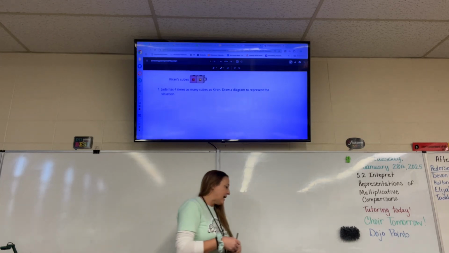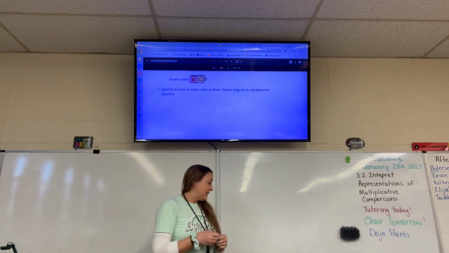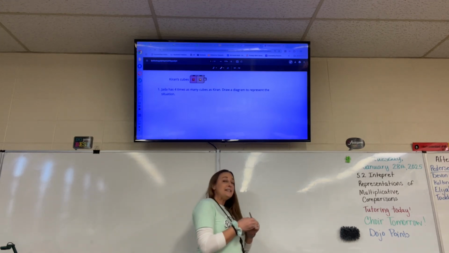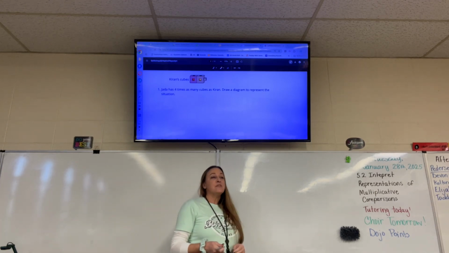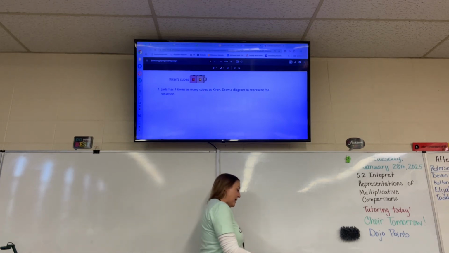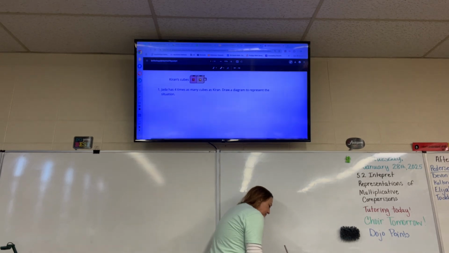So keep in mind Kieran's number of cubes. It says Jada has 4 times as many cubes as Kieran. Draw a diagram to represent the situation. We don't have to find out how many Jada has. We just have to draw the diagram. So we're going to start with Kieran's name and draw his cubes. So he has 2 cubes.